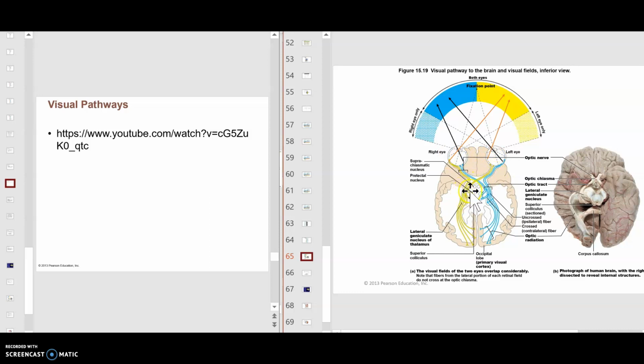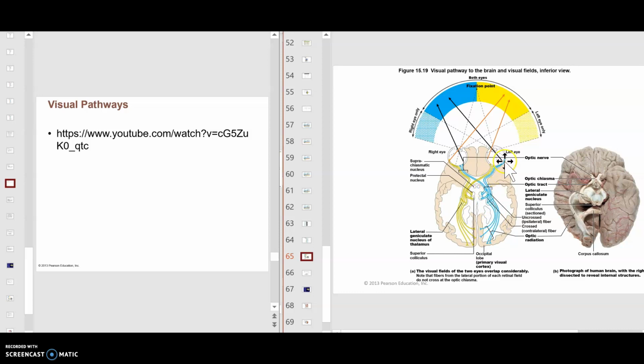Some activity from both eyes as we come down because of this. All right. Now, I drew these arrows here to show you this, that each optic tract right here looks at a different eye field, should we say. Okay, this optic tract here, which would be the blue, would be this.